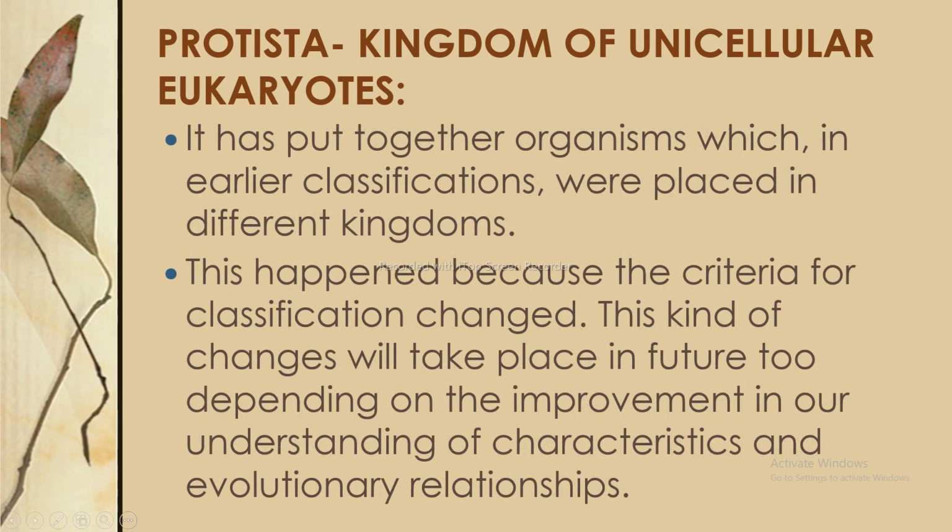It has put together organisms which in earlier classifications were placed in different kingdoms. This happened because the criteria of classification changed, and such changes will take place in future too, depending on improvements in our understanding of characteristics and evolutionary relationships.